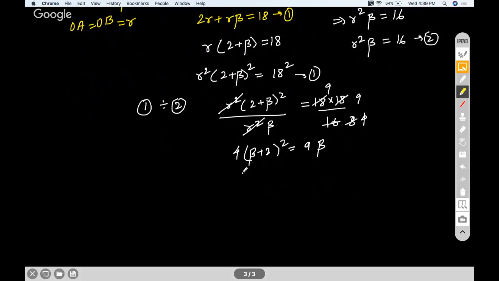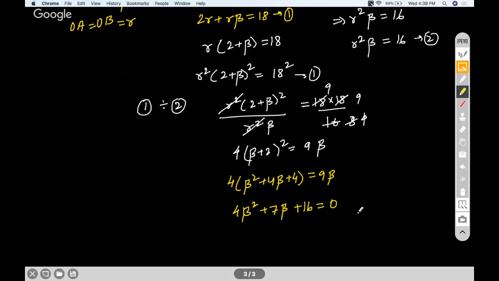Okay, let's try to simplify this. So we get 4 times beta square plus 4 beta plus 4 is equal to 9 beta. That is 4 beta square plus 7 beta plus 16 is equal to 0. Right?